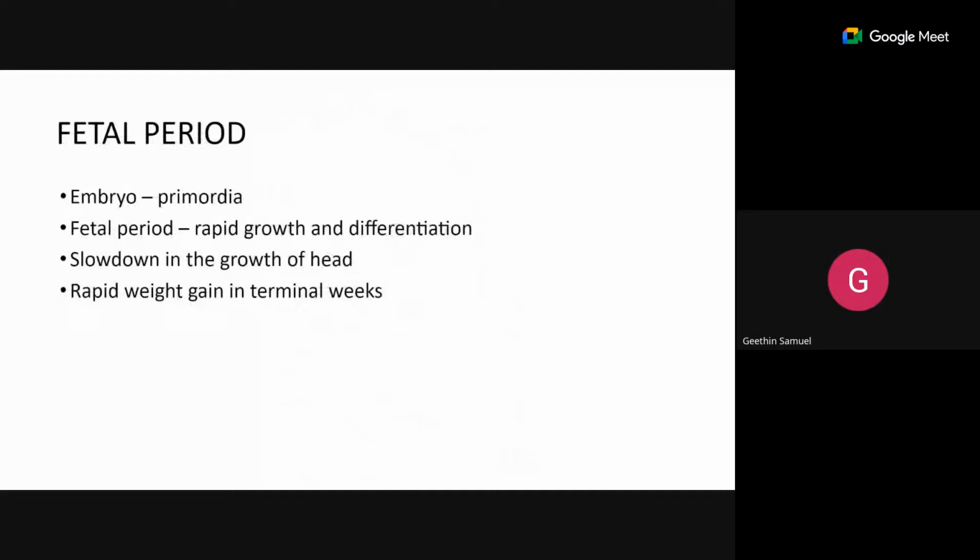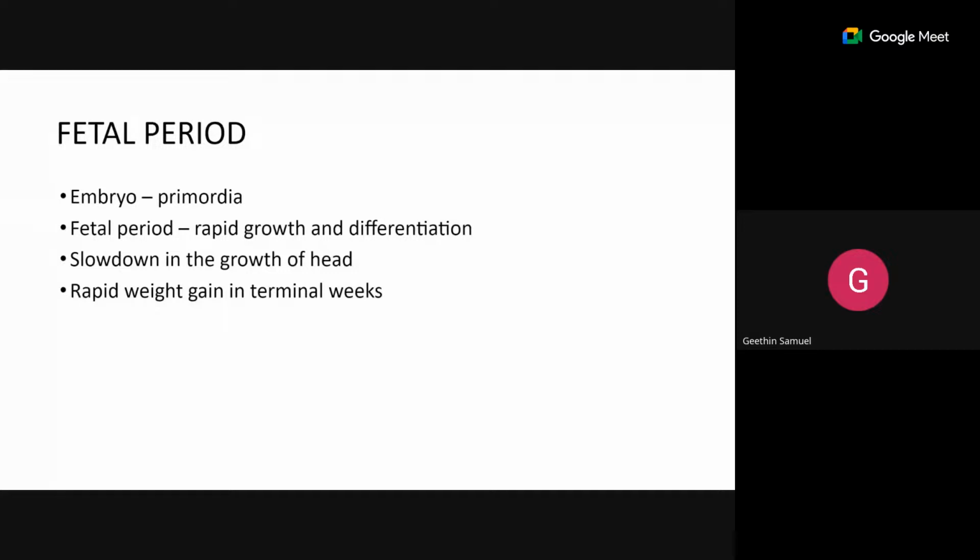Now coming to the fetal period, what is happening is the differentiation of the different layers has occurred. In the fetal period there will be rapid growth and little bit of differentiation. The organs have been formed. Now rapid growth will occur. And you have seen the head is much larger.